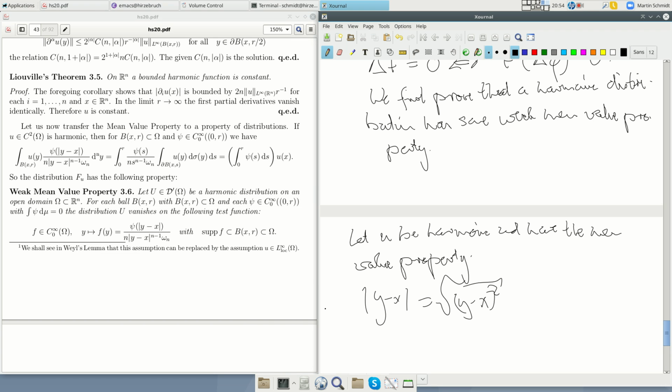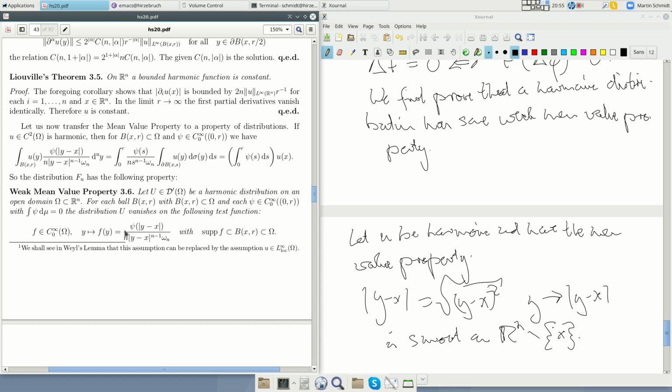So as a function, y to y minus x is smooth on R^n, with one exception, the square root. This is of course if y is equal to x. On this set, it's smooth. So as long as this distance is non-zero, this function is smooth.